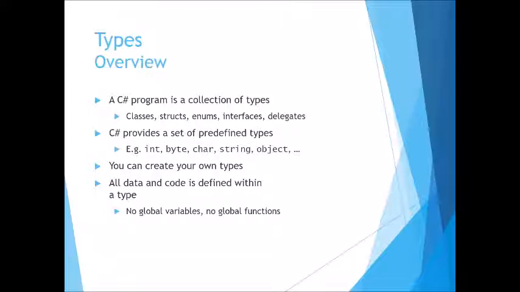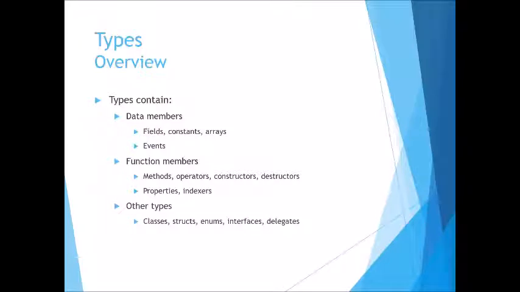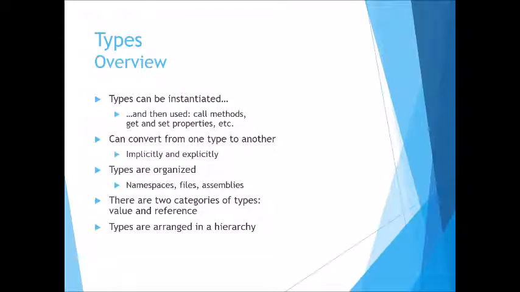Collection types are classes, structs, enums, interfaces, and delegates, and data types, which we normally call int, byte, char, string, and objects. We will be seeing more about that. A type contains data members such as fields, constants, arrays, events, and function members such as methods, operators, constructors, destructors, properties, and indexers.